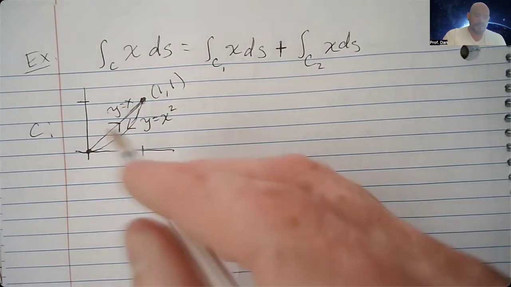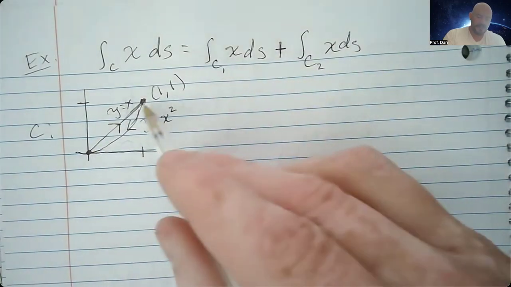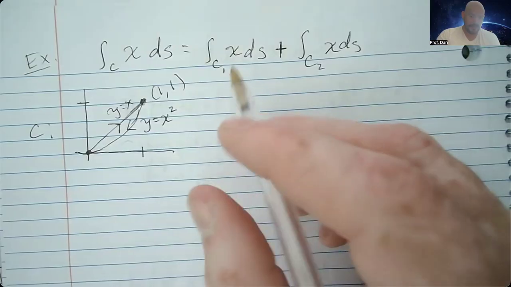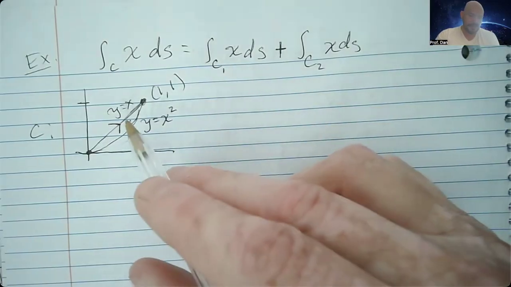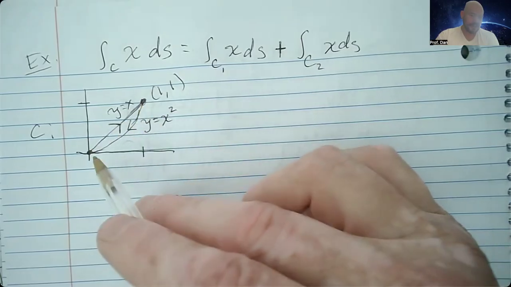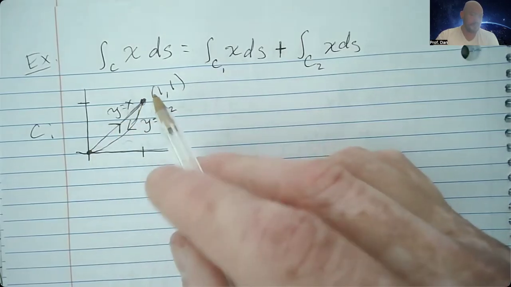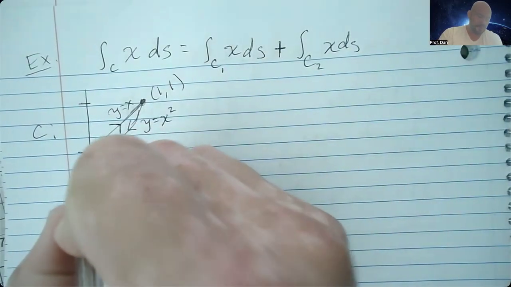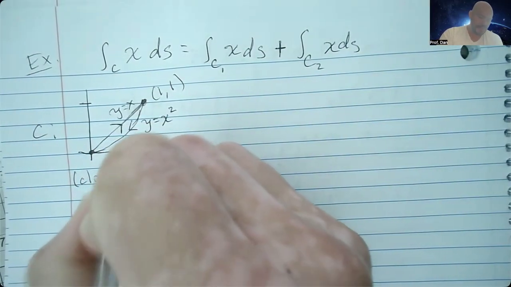Anyway, whenever we have this case where we can divide our path into several pieces, that's fine. Another thing I want to point out is that this is an example of a path that ends where it began, right? This is what we call a closed path.